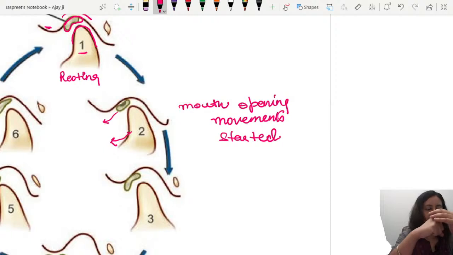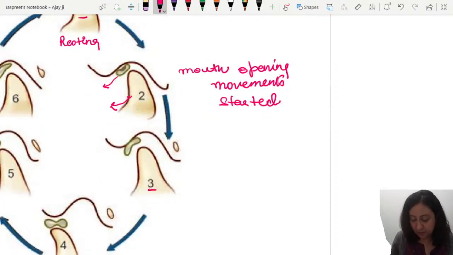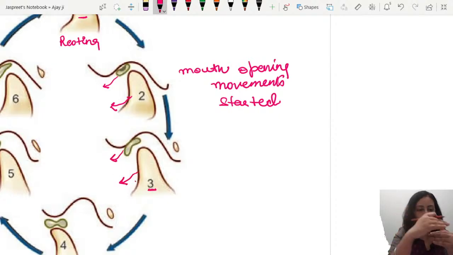The condyle and disc are moving together in synchronization, moving forward in the glenoid fossa. Like you can see in picture number 3, the disc has moved forward and the condyle has also moved. As much as the condyle moves, the disc moves the same. They are in synchronization, they are moving in tandem.